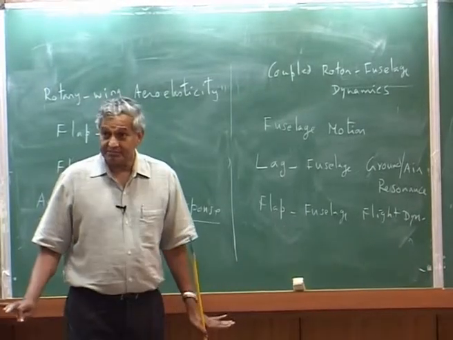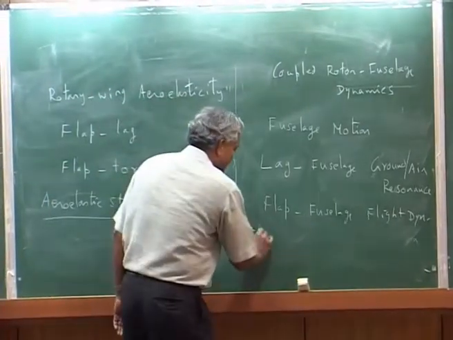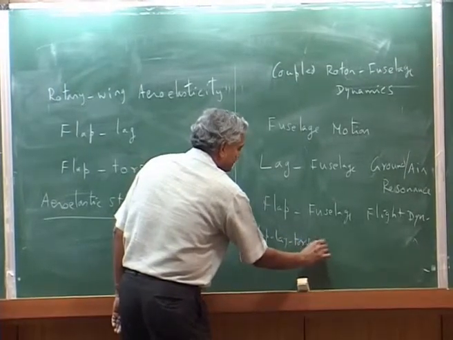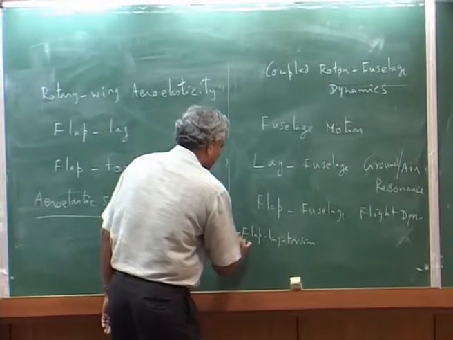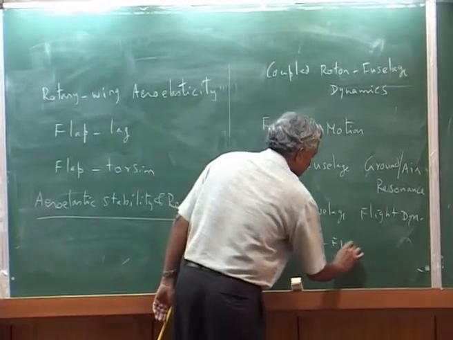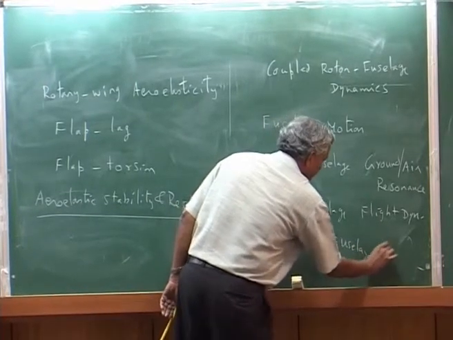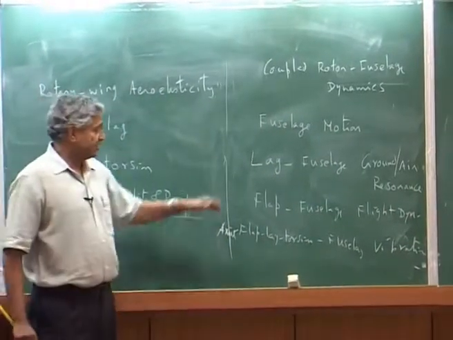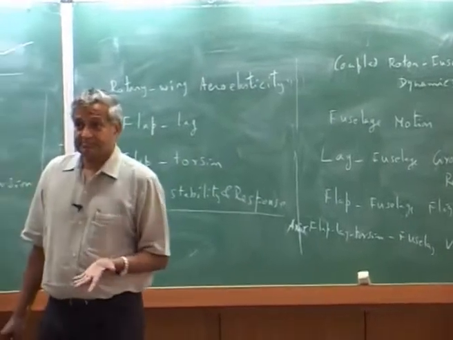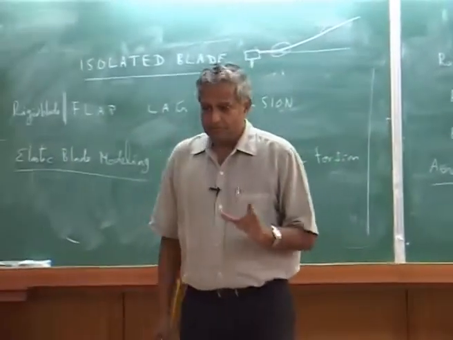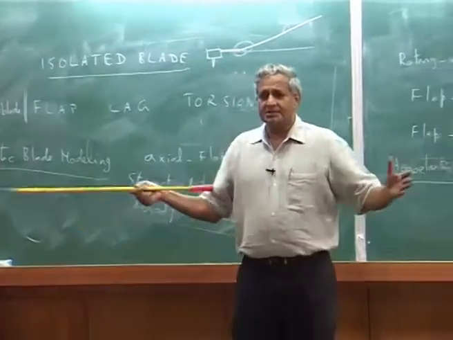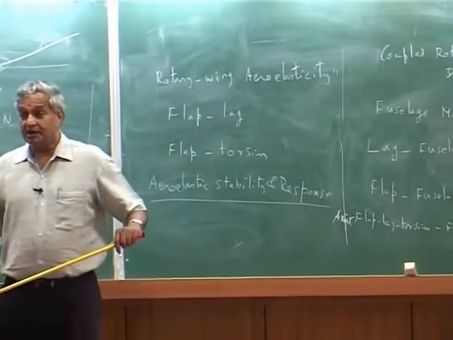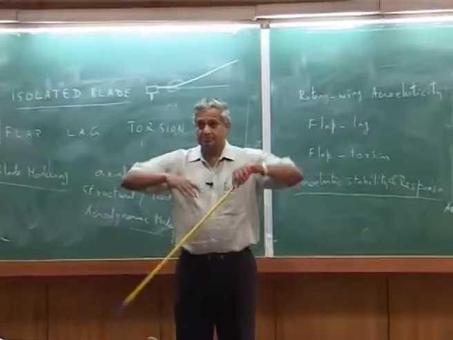But if you want vibration, then you have to have flap, lag, torsion, axial, everything. You can put axial also. And then fuselage. This is vibration. Now you see there are different types of problems. Because you can say the most sophisticated analysis is coupled flap, lag, torsion, axial, fuselage motion, and also elastic modes of the fuselage.